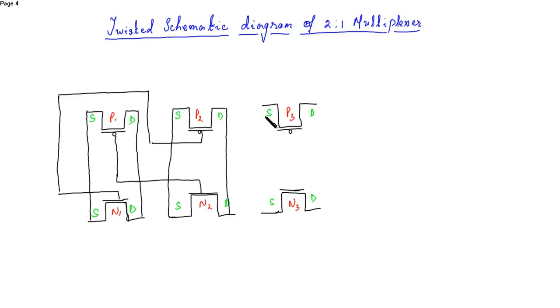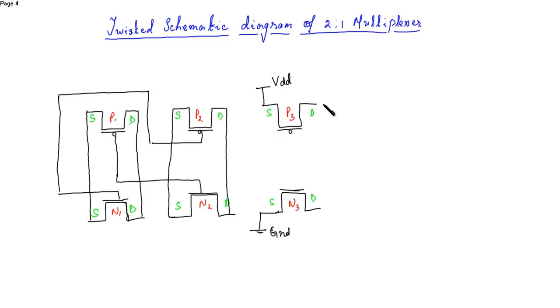Now the source of the PMOS of the inverter is connected to VDD, and the source of the NMOS is connected to ground.